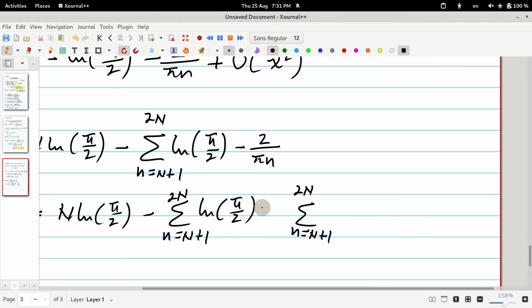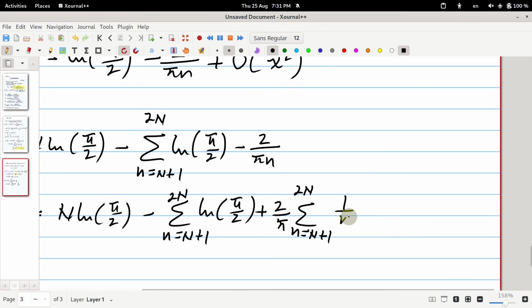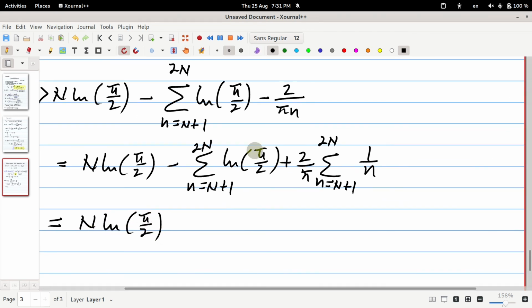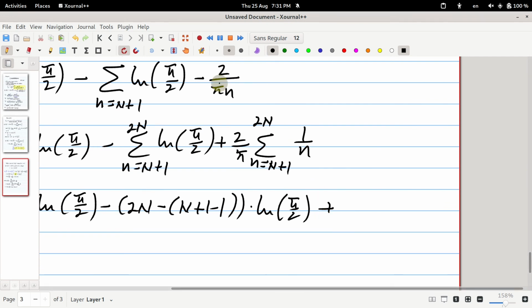I'm just going to take the 2 over pi out, so this would be just n. And this can be further reduced into minus 2n minus n plus 1 minus 1 multiplied by ln pi over 2 plus this thing.